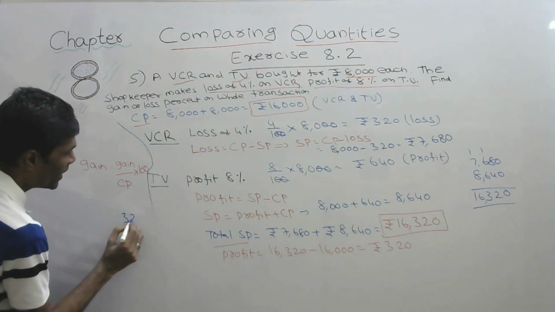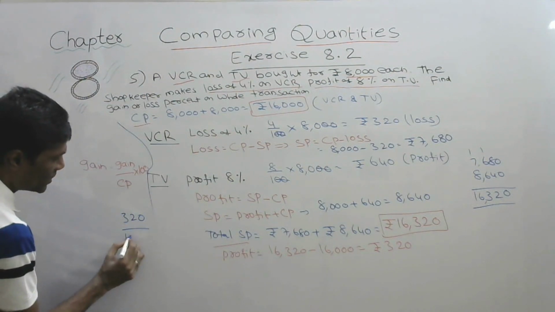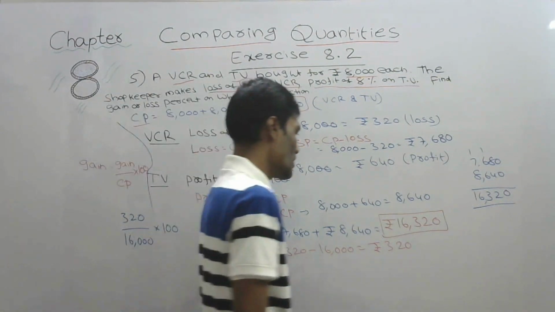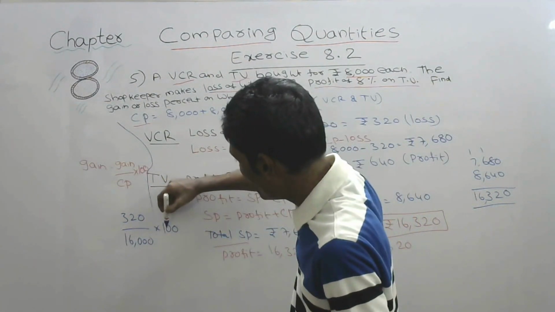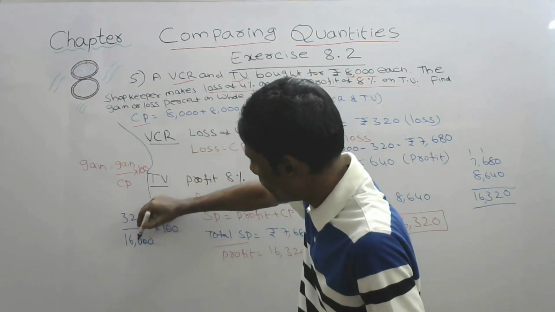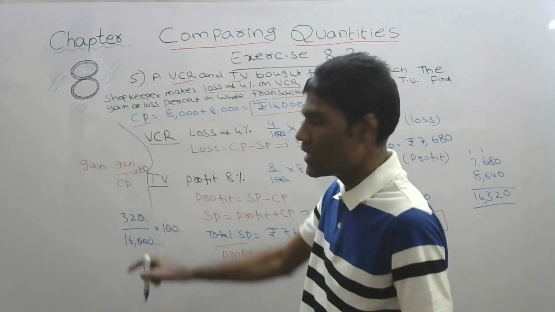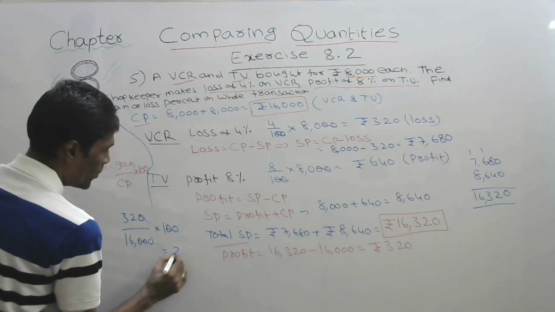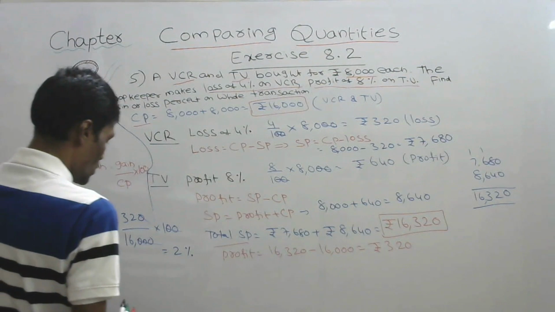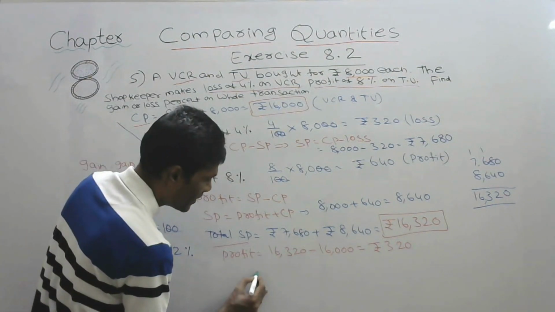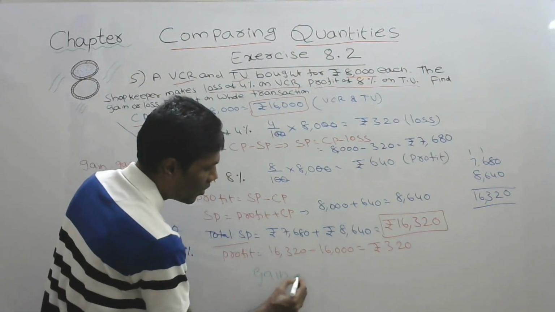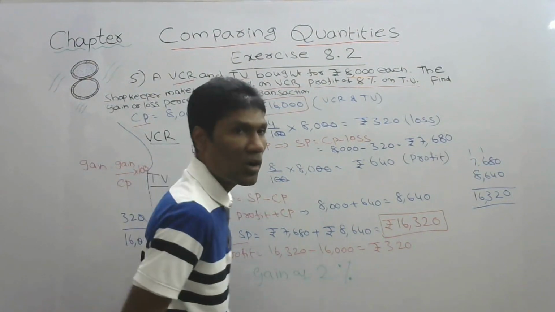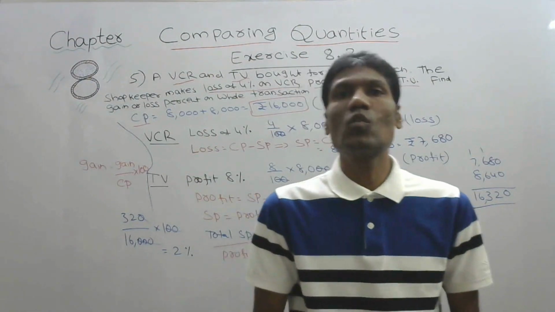So 320 divided by 16,000 into 100. Cancel, 2 zeros, 2 zeros, 1 more zero, 1 more zero, 32 by 16. 32 by 16 equals 2%. So overall, he got a gain of 2%.